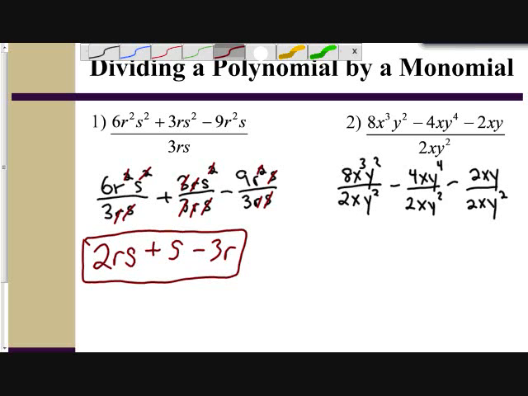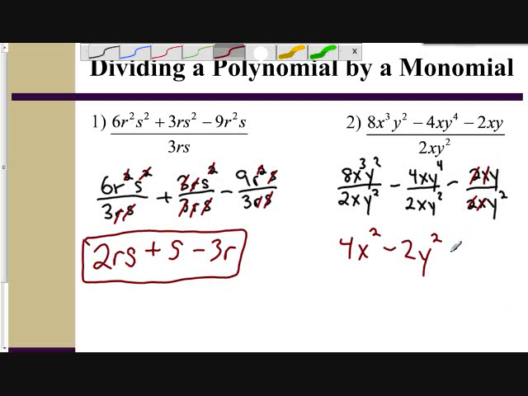We see that 8 divided by 2 is 4. X cubed over x is x squared. Y squared over y squared cancels. And so minus 4 divided by 2 is 2. X divided by x cancels. And then y to the fourth divided by y squared is a y squared in the top. And we have 2 divided by 2, which cancels.